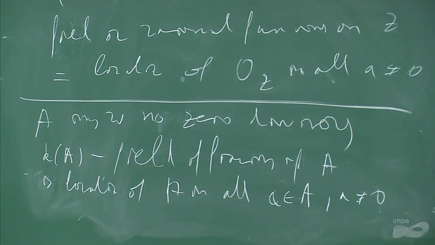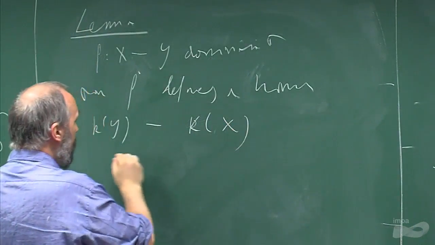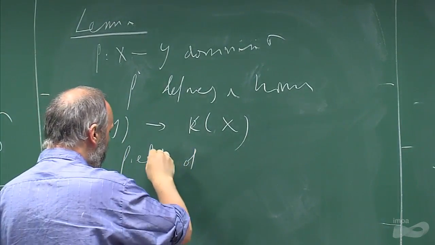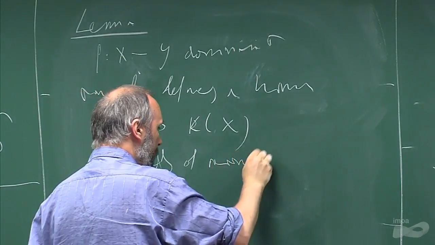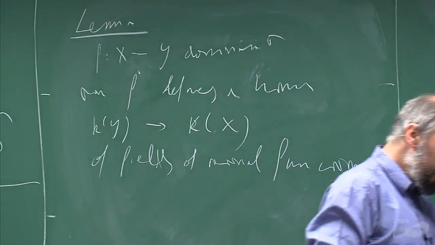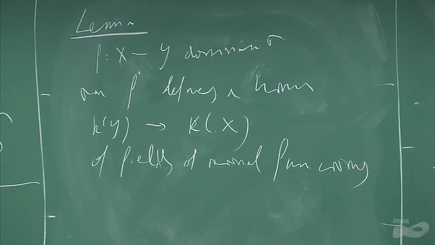suppose you have f from X to Y, dominant, then f star defines a homomorphism from K of Y to K of X of fields of rational functions. There's nothing to prove.